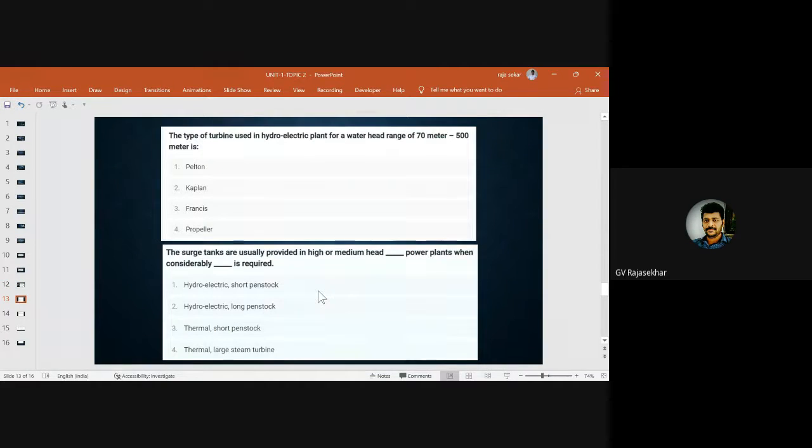Next, some objective questions I have collected. The type of turbine used in a hydroelectric plant for a water head range of 70 meters to 500 meters is.